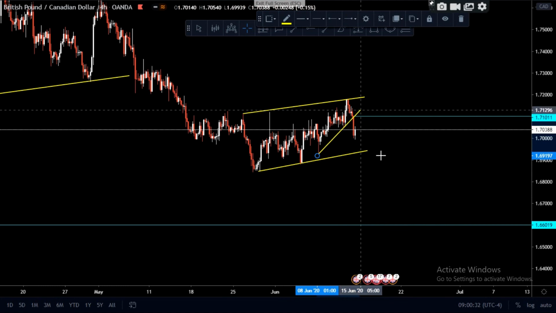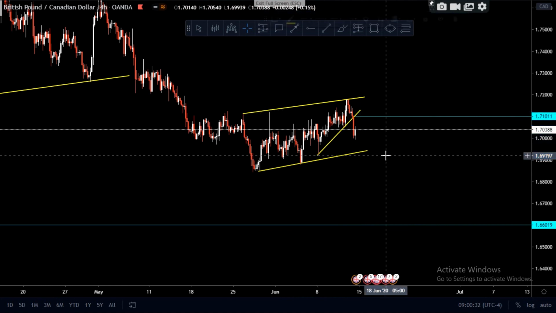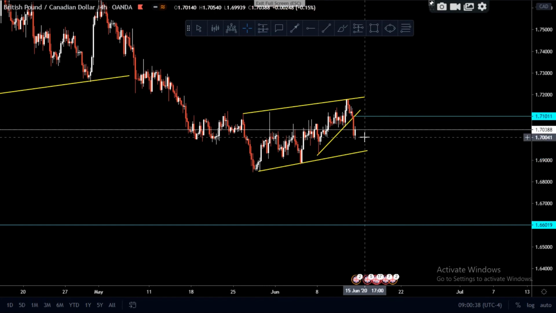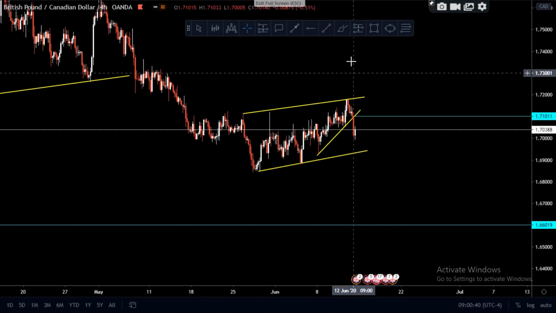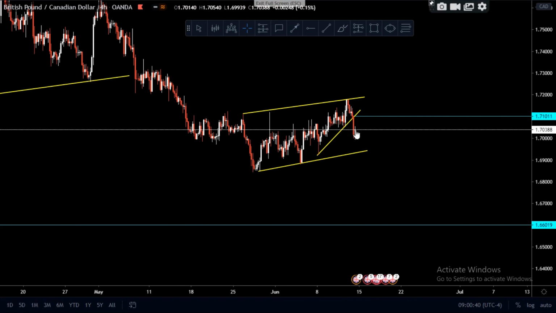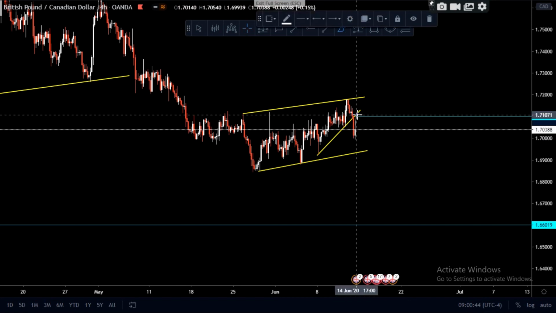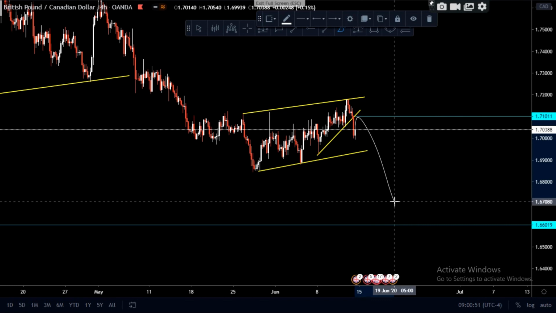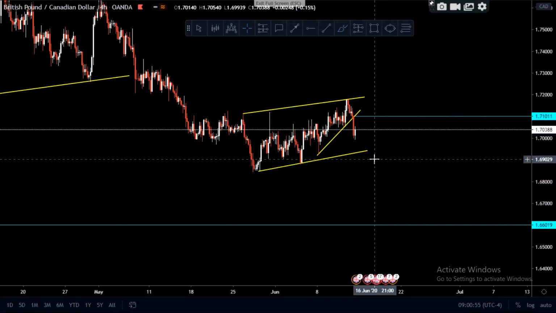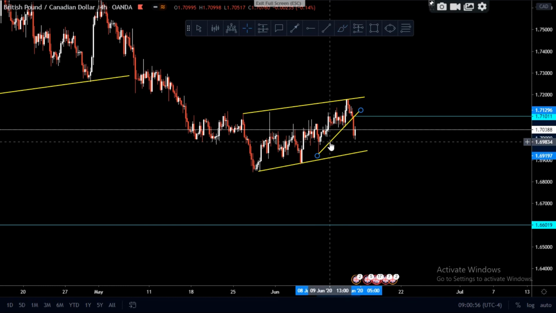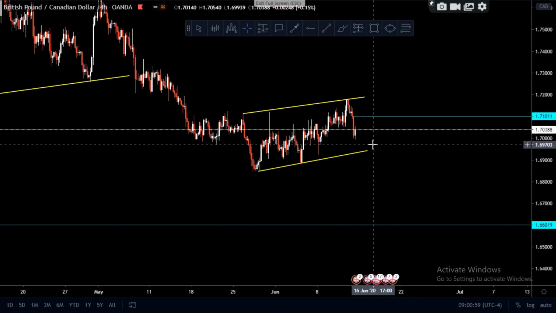As you can see, price broke here impulsively, and we will be looking for price to come to this area to retest or to retrace this trend line here and continue going to the downside. I just wanted to keep my charts clean, so that's why I only have the horizontal ray there.